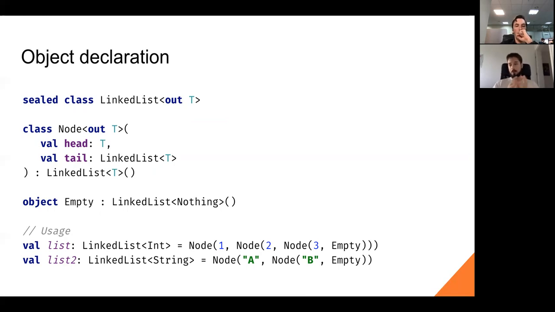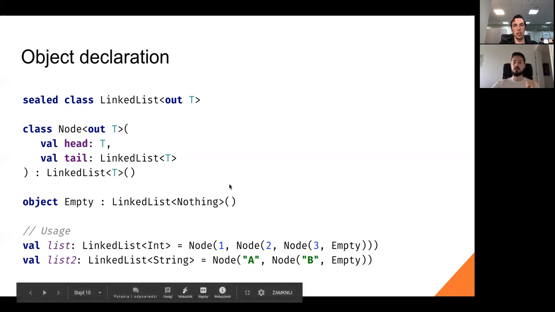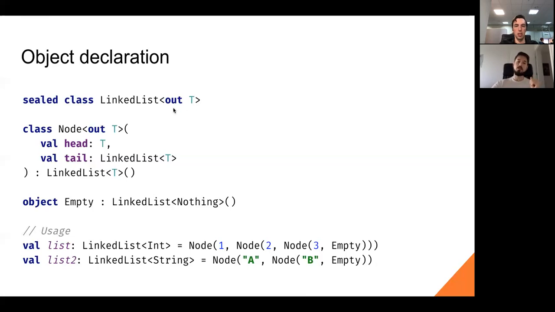But the problem is with generics. Now we need this single object to be a subtype of every node. And the only way to make it true is that it needs to be of the generic type Nothing, which is a subtype of every type. And we need to introduce covariance, which is the out modifier.